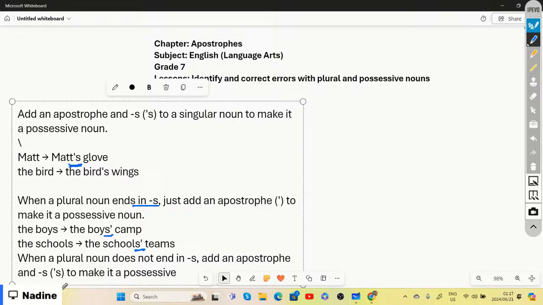And if we have our plural noun that shows possession, but it does not end with an s, then we can say words like children, right? Let's say child is one word, and the plural form of child is children. A singular word is man, and a plural word is men.